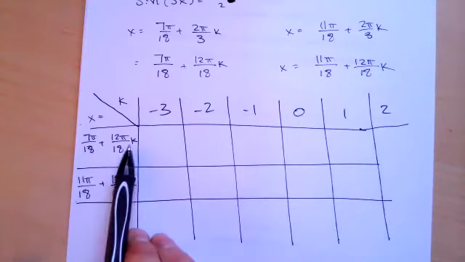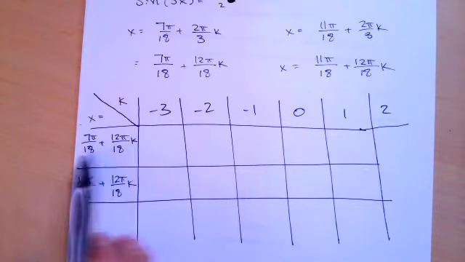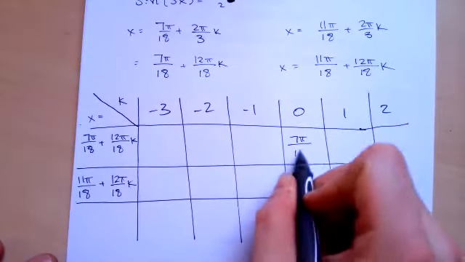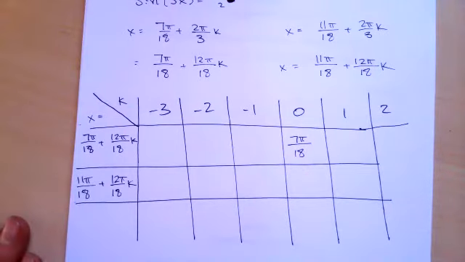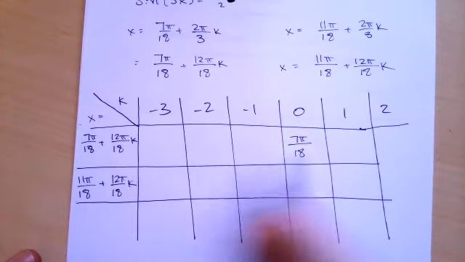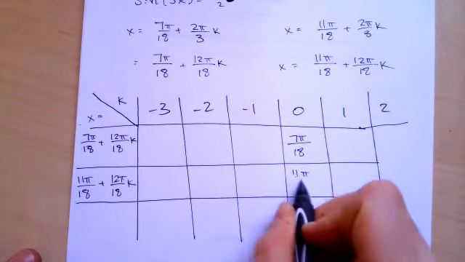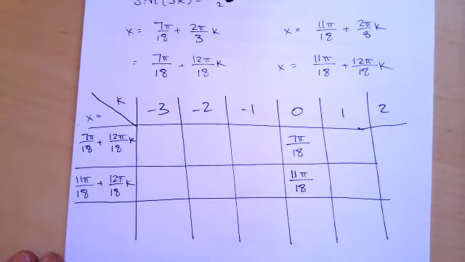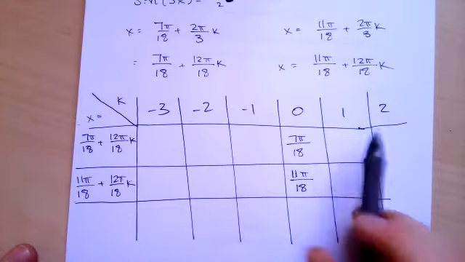So plug in 0 for k. It'll kill this term, and we just get our initial solution we found, 7 pi over 18. Likewise, for this sequence, when I plug in 0, we'll get 11 pi over 18. And now what do we need to do? Let's check this next one.